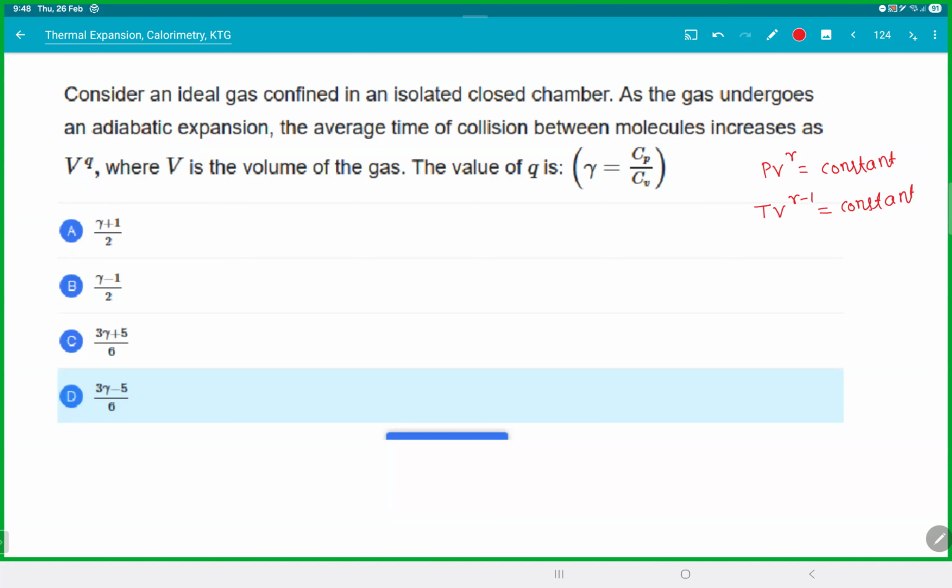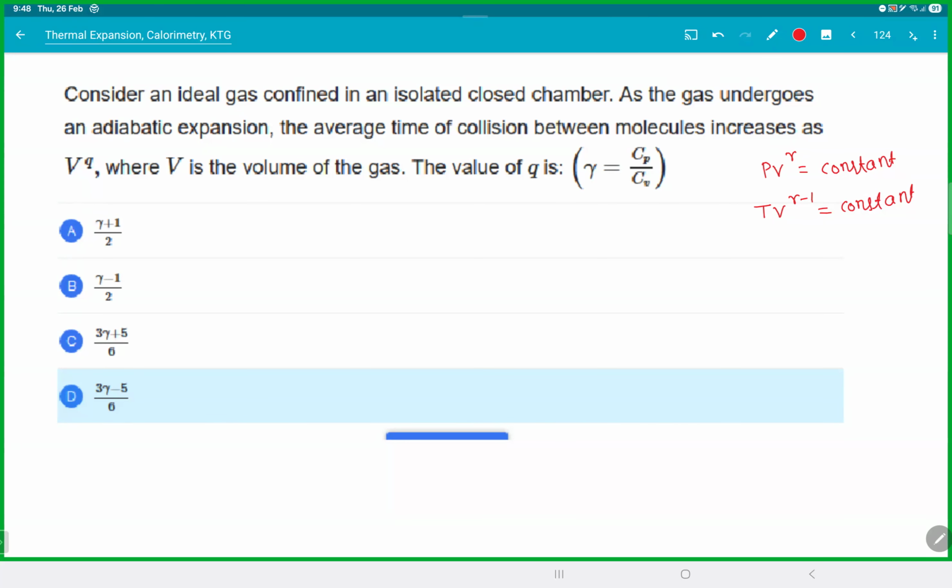So the question is, the average time interval of collision between the molecules increases as volume power q. Then find q. This was a 2017 PYQ. Old ones, but give it a try. If you don't know the formula, you can't do this. It is straightforward. If you know the formula, it is just a matter of manipulating it.